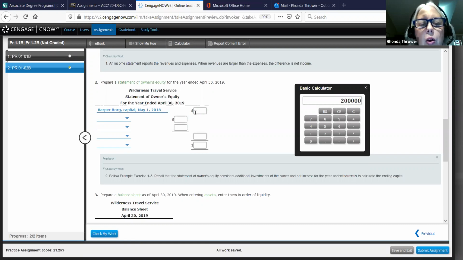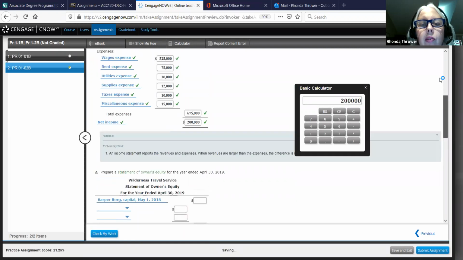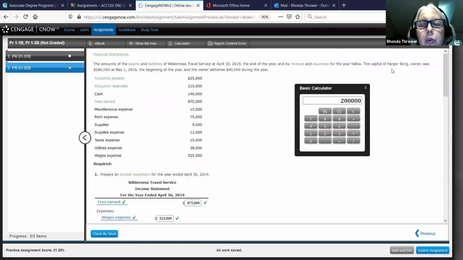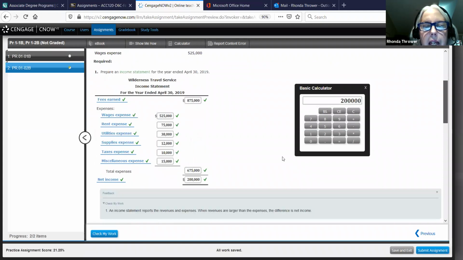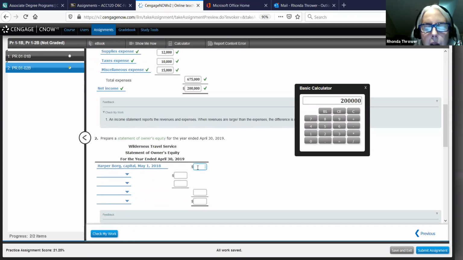We want to know what that owner was worth at the beginning of the period. Since this was a company that had been in business for a while, you'll remember they told us that the owner had capital, or his owner's equity, at May 1st, 2018 was $180,000. That $180,000 is a given amount.